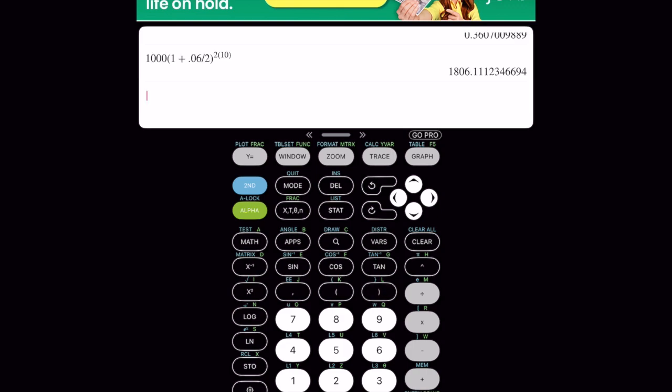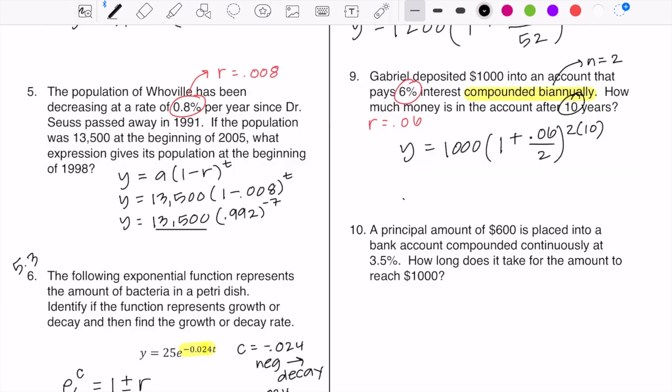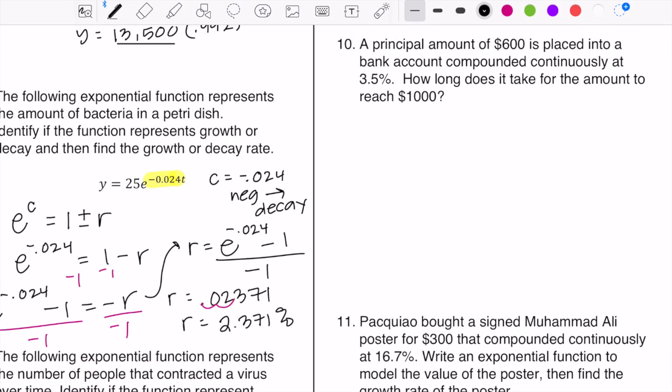Hit enter, and you get $1,806.11. So we get y equals $1,806.11.